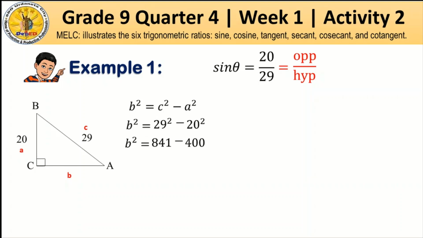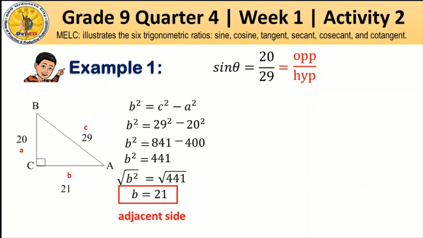Subtracting 400 from 841, we have b squared is equal to 441. Extracting the square roots of both sides of the equation will give us the value of b, which is 21. We can now say that the adjacent side is 21 units.